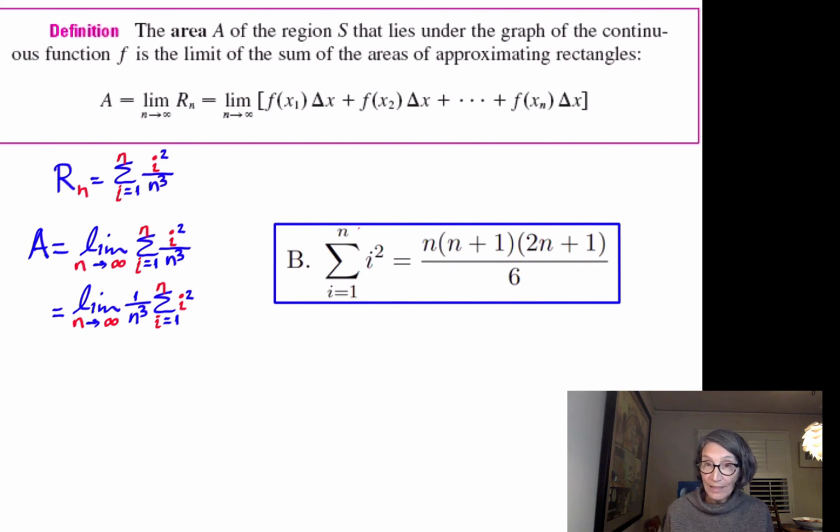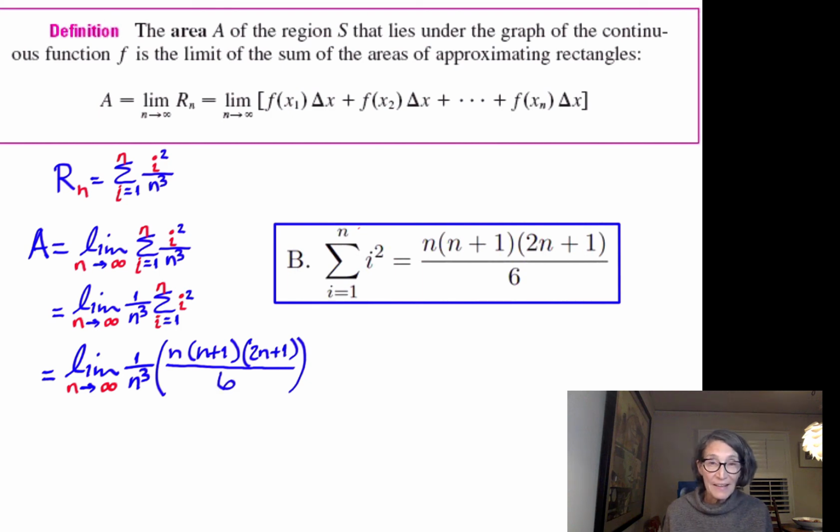So we can get rid of sigma using that formula. So we can rewrite the limit as n approaches infinity of 1 over n to the third times n times n plus 1 times 2n plus 1 all over 6.